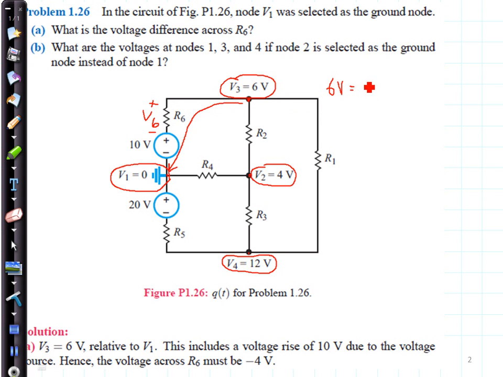The positive. So it's plus V6, and then as I come down through here, I hit the positive, plus 10 volts. So we can see that V6 is equal to minus 4 volts. No matter where I put the ground, the voltage across R6 is still going to be minus 4 volts.